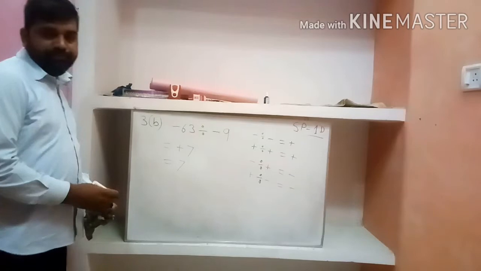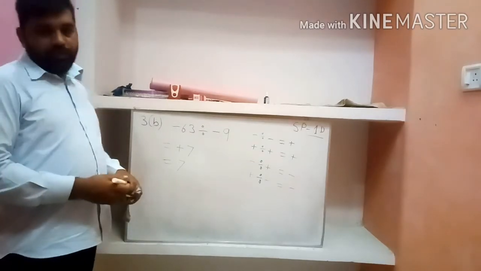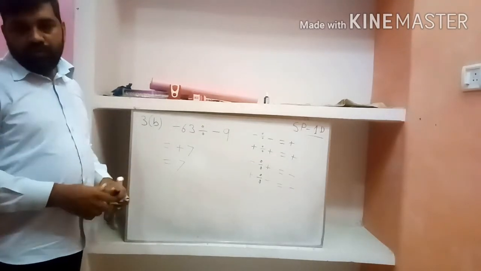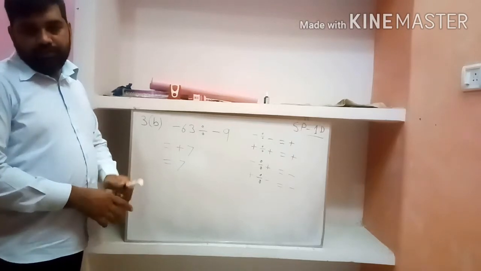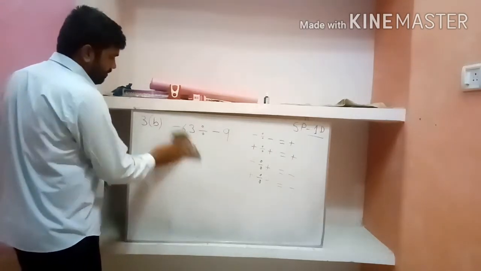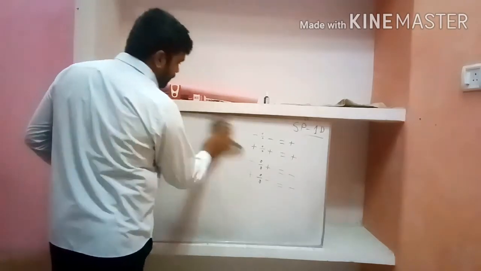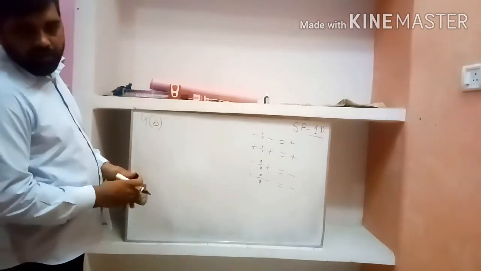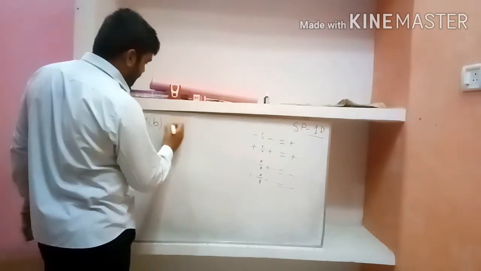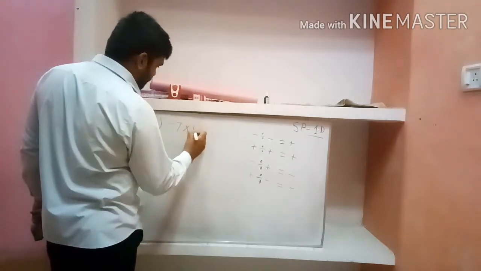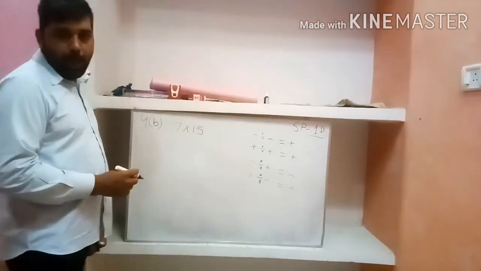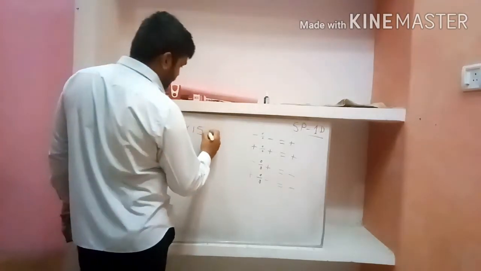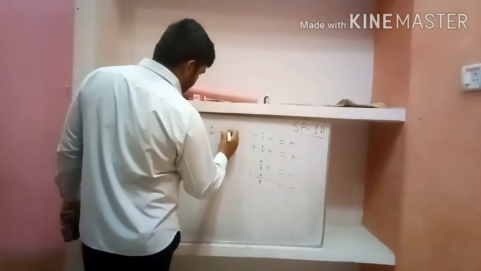Okay. Now fourth B. Next question. Minus 7 multiply 15 divided by minus 5.